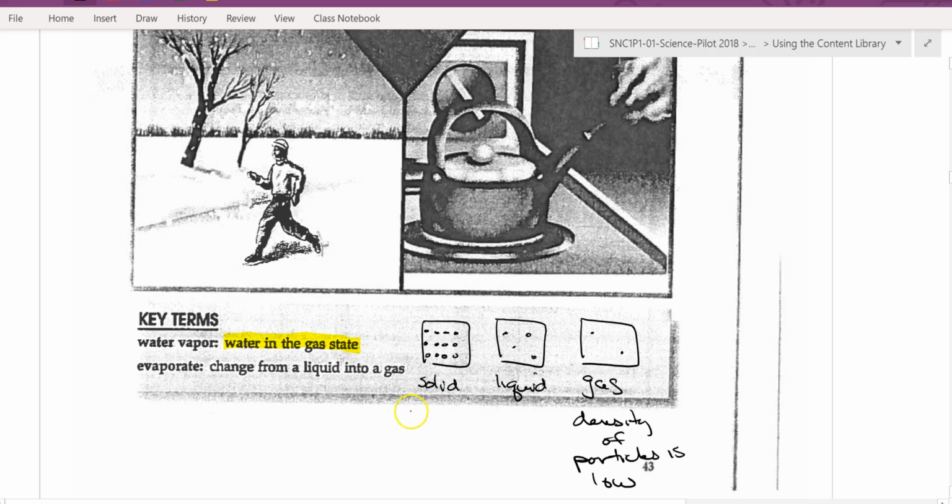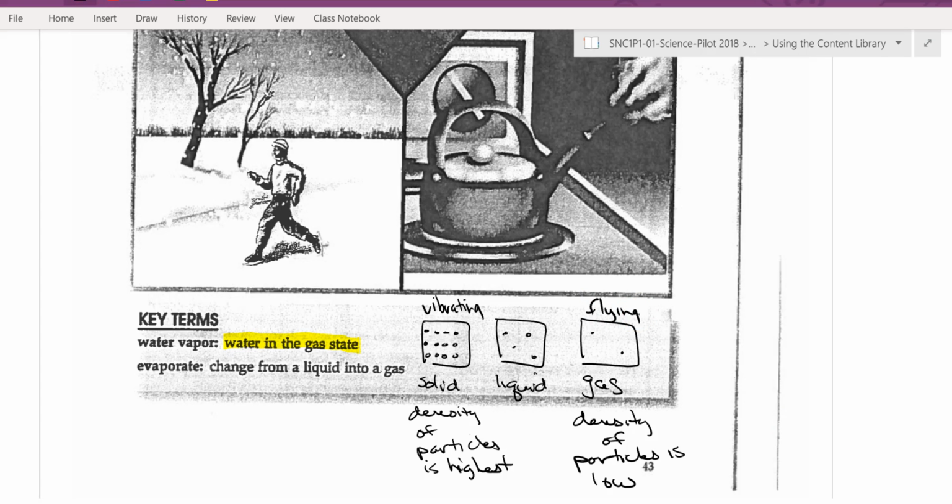The density of particles is the highest, and we know that they are vibrating, whereas in the gas state, they're flying. They are just zipping around. And a liquid is in the middle.